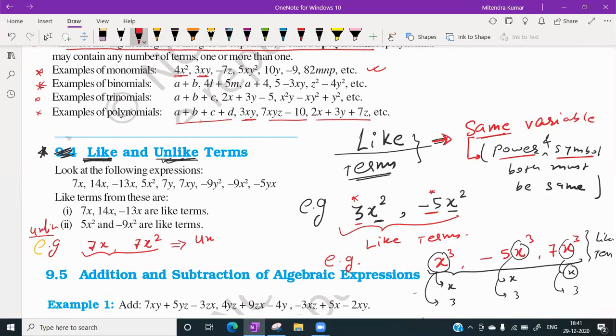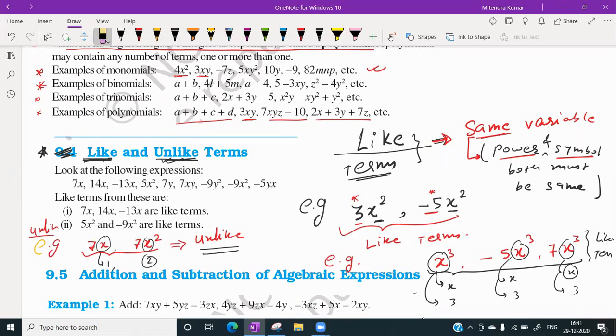Why? Because the variable is the same, but the power is not the same: for 7x the power is 1 and for 7x square the power is 2. Yes, these two are called unlike terms. Okay, so this is very, very important. If you are able to recognize like terms and unlike terms, then only you will be able to solve the questions, otherwise you will not. ठीक है?